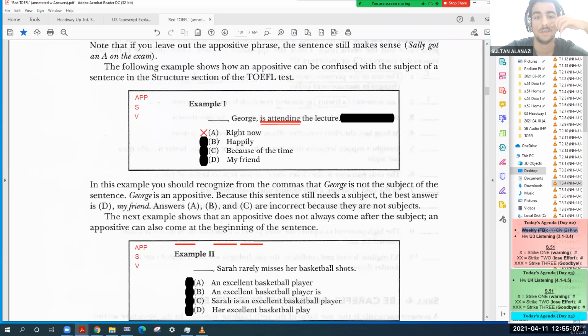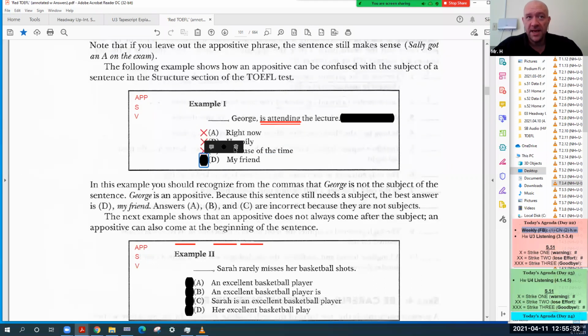How about beta? It's an adverb. Charlie? A phrasal preposition, I think. So this noun cannot be the subject. So Charlie is also wrong.